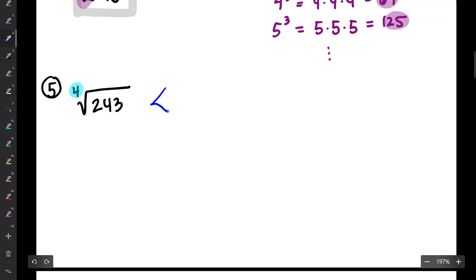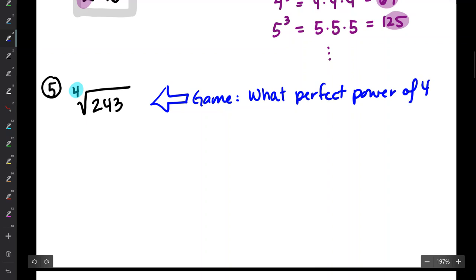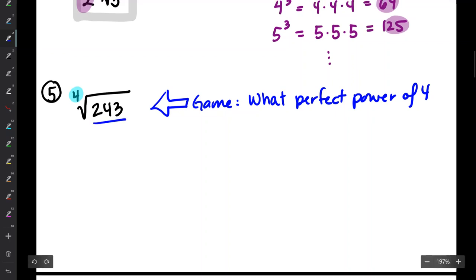So the game that we're playing is what perfect power of 4 is a factor of 243, divides in evenly into 243.